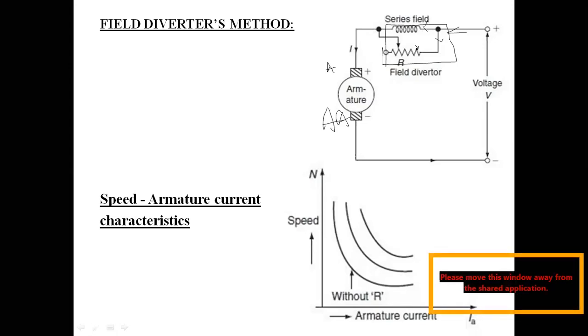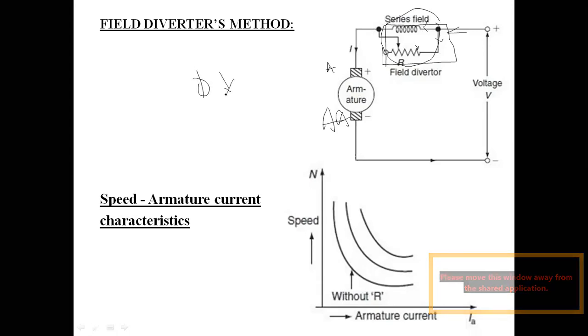If you increase the resistor value, then what will happen? The current flowing through the series field is going to decrease, thereby decreasing the flux.